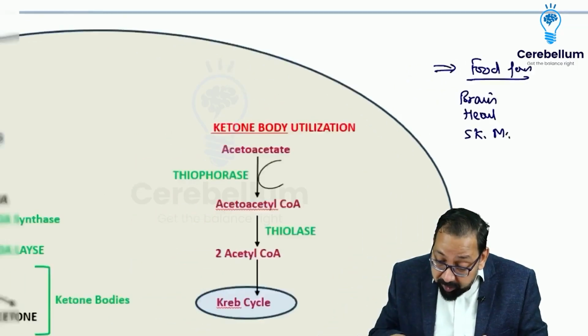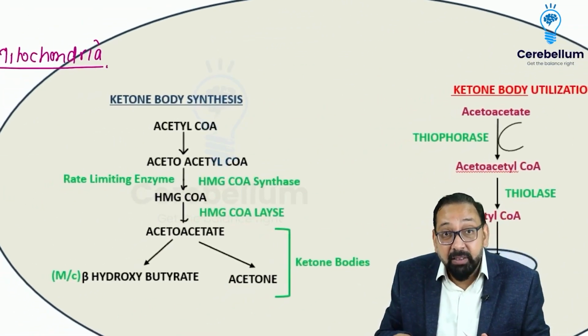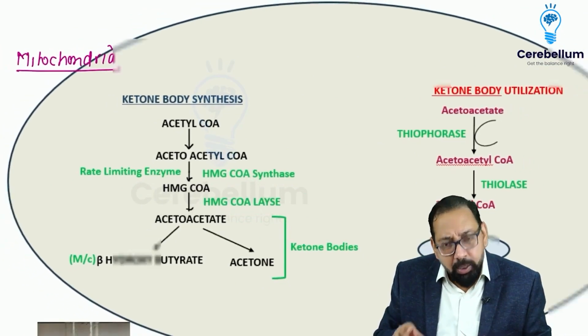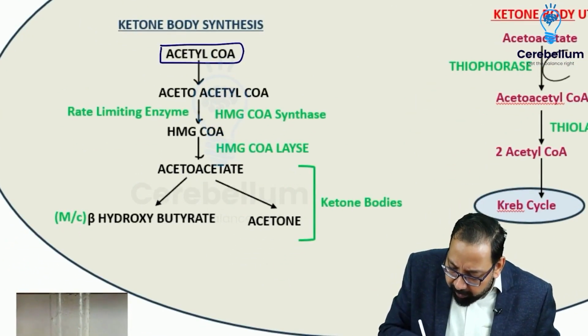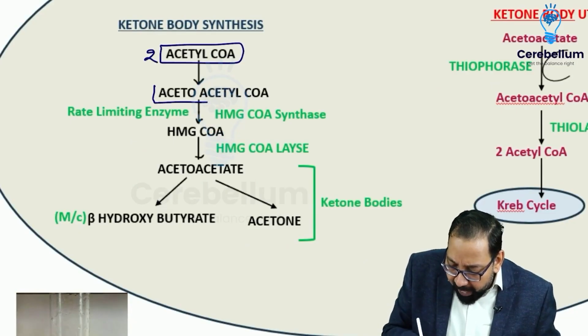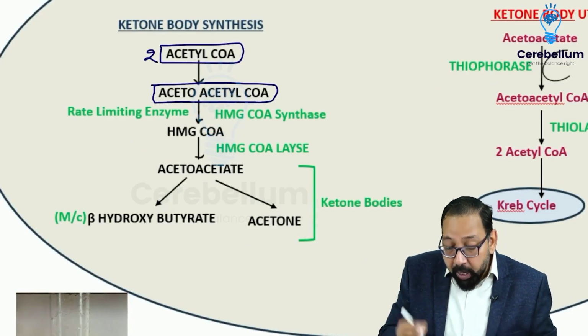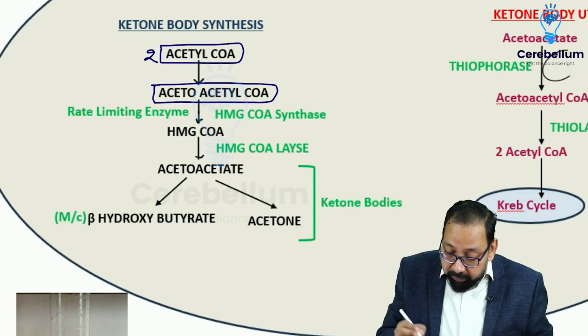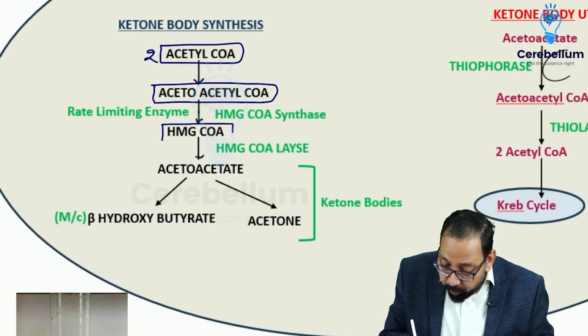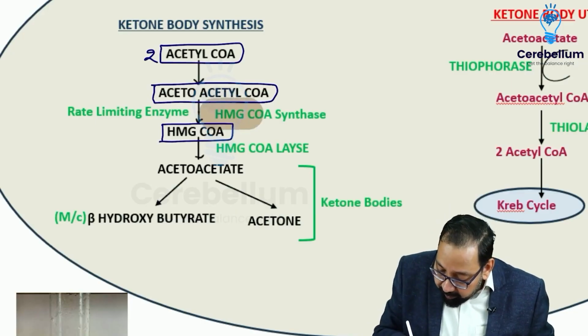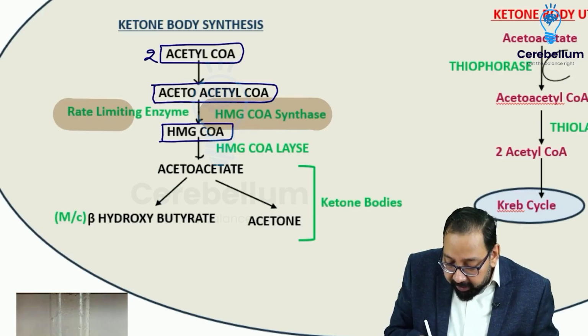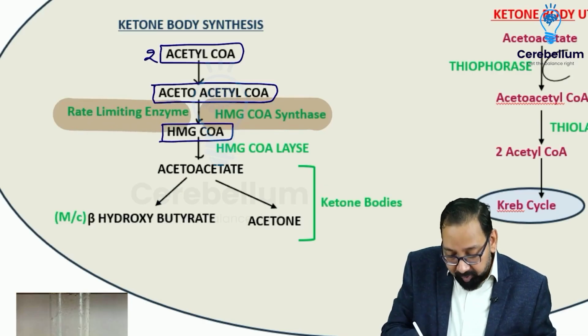So ketone body synthesis occurs in the liver, and this occurs in mitochondria. I will start from acetyl coenzyme A. Two molecules join to form acetoacetyl coenzyme A. This acetoacetyl coenzyme A is further converted to HMG coenzyme A by the enzyme HMG coenzyme A synthase, and this is the rate limiting enzyme of ketone body synthesis.